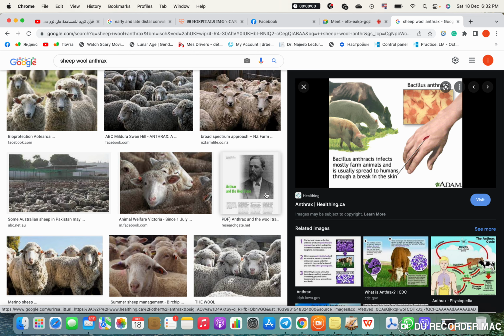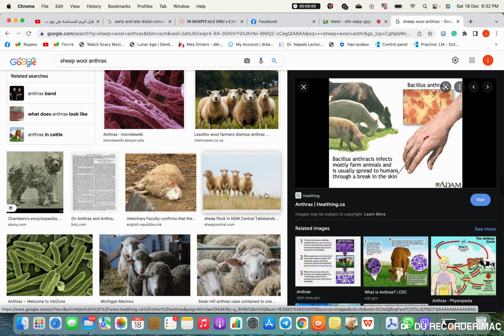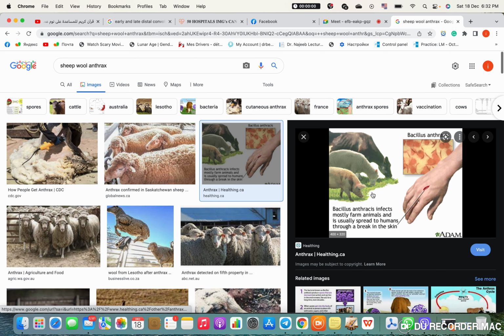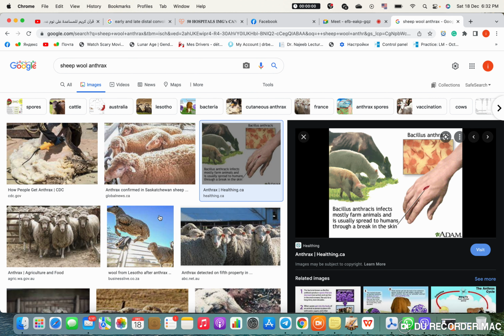The pulmonary one is mostly from bioterrorism. It does not come from animals. So this is important. The one that comes from the wool of animals leads to the cutaneous form. Do you know which country has a lot of cutaneous anthrax cases? This is important because they ask it on the Step exam. They will tell you this person is from that country.